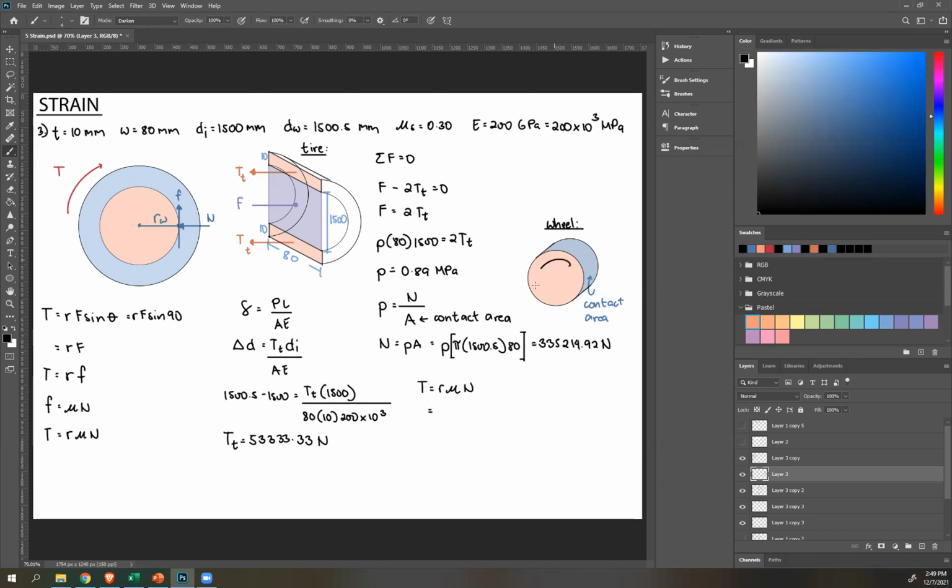R is simply diameter of your wheel divided by 2. So 1,500.5 over 2 times mu, 0.30. And then this is your normal force. Right, we solve. What's the final answer? Correct, Christian, and Mariah Cavero Denado.